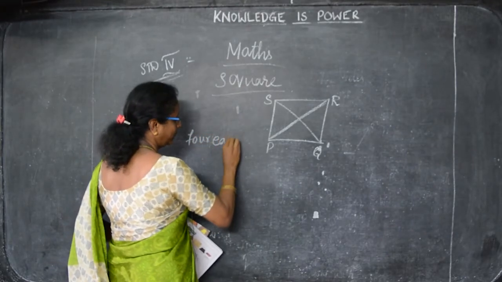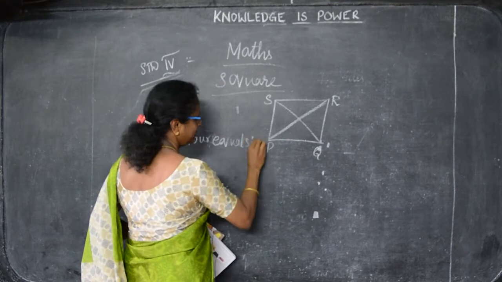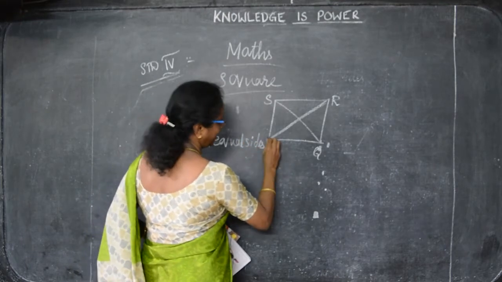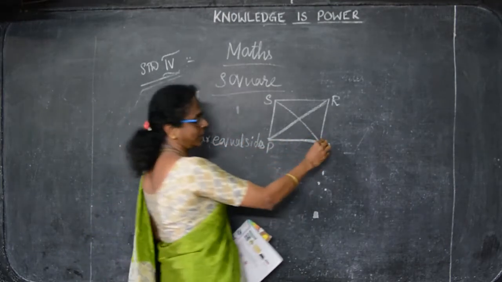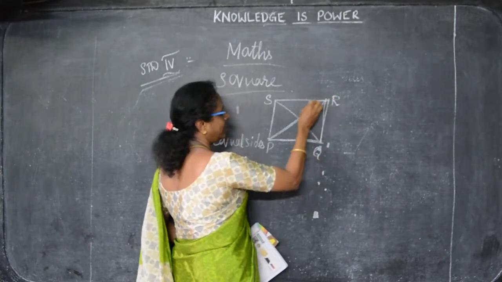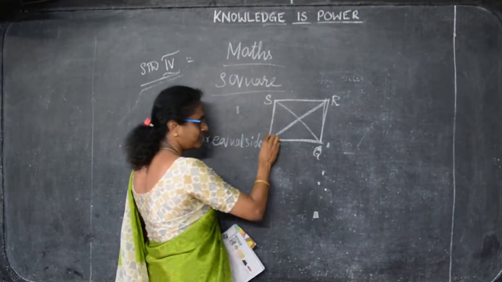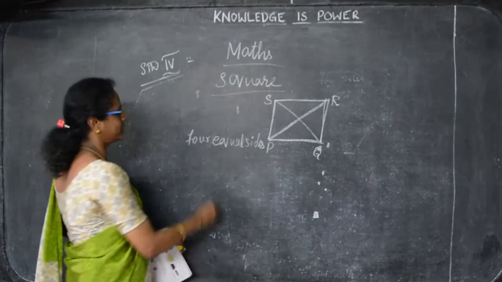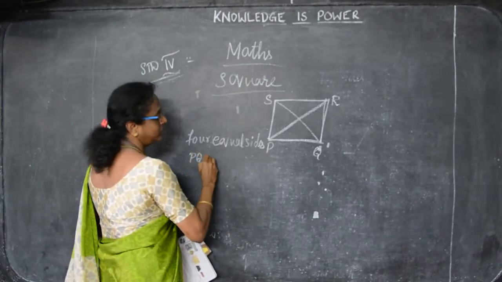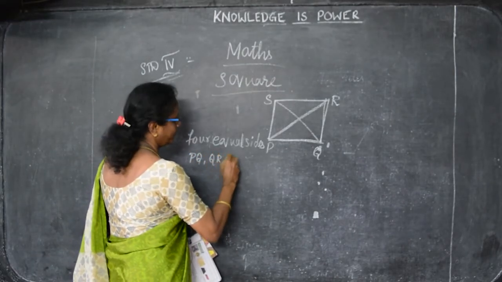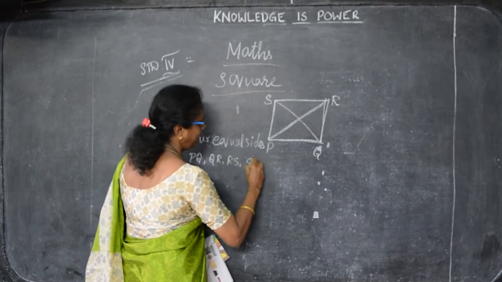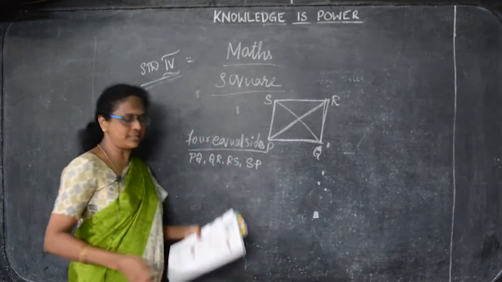What are the four equal sides? PQ is one side, QR is the second side, RS is the third one, and SP is the fourth one. These are the four equal sides. So you can write PQ, QR, RS and SP.